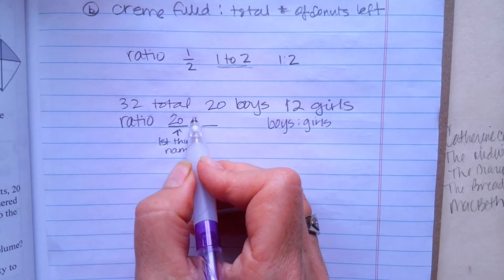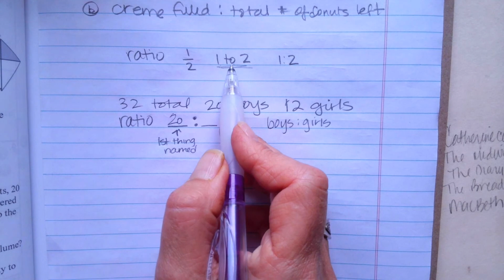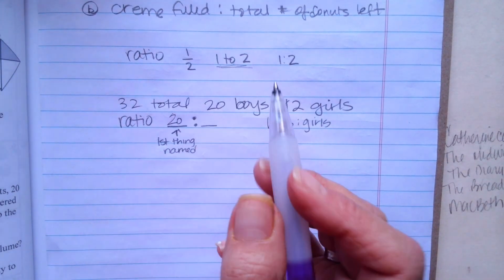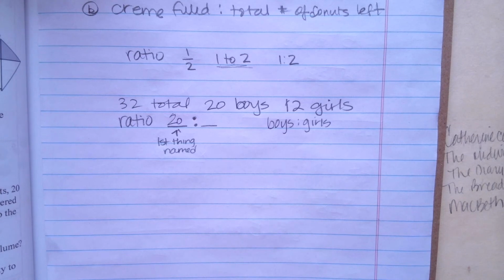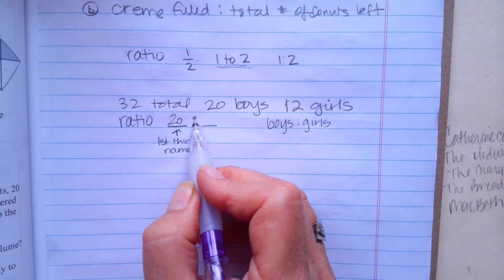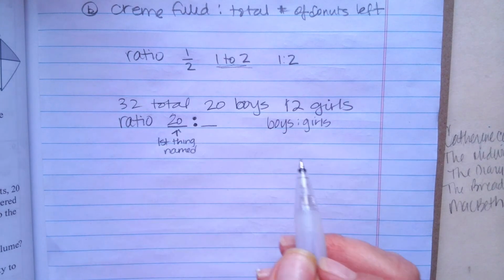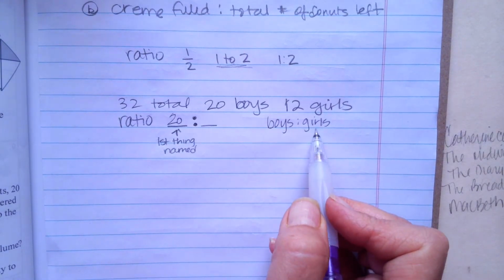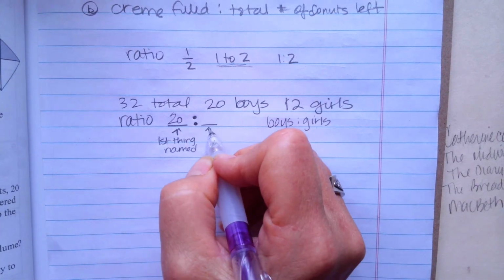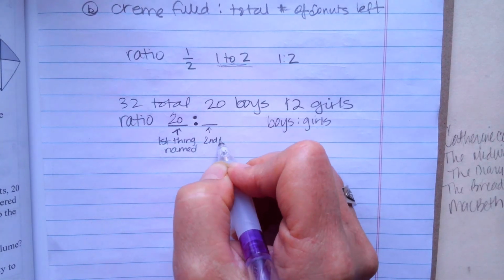Then you're going to either do a colon, the word to, or you're going to do it as a fraction, but we're just going to do it one at a time. So for this time, we're doing 20 and then a colon, and then how many would I put for girls? 12? Yep.